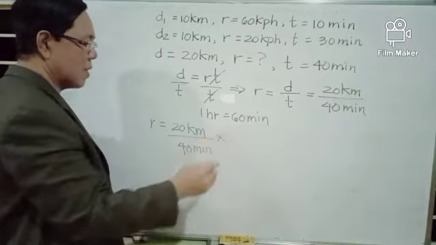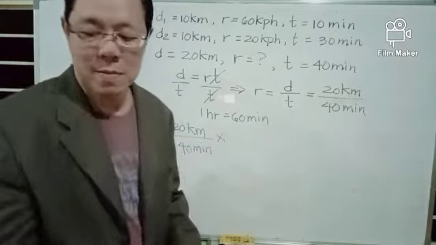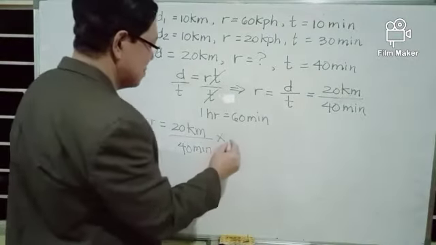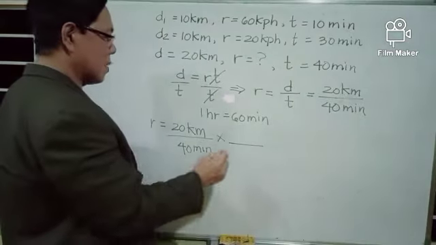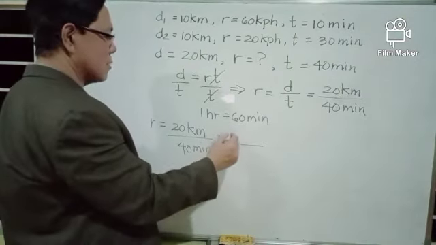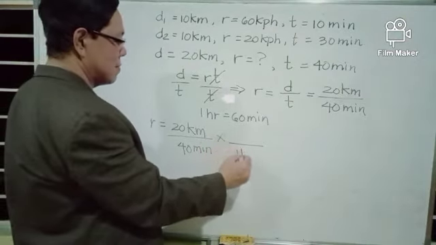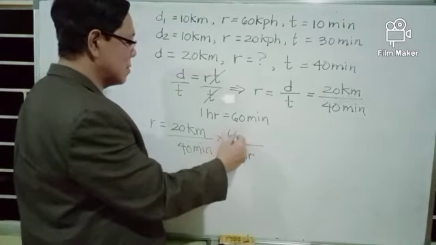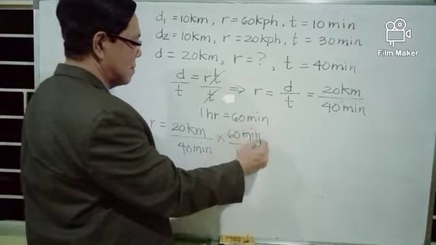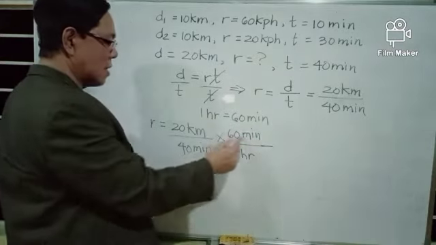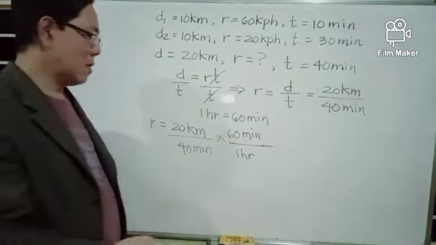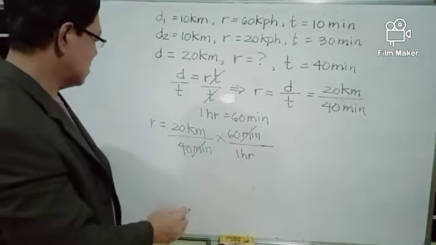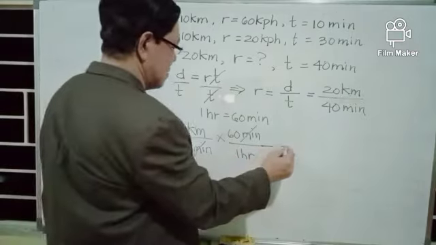We multiply this by a conversion factor, a fraction whose denominator is 1 hour, and we write 60 minutes in the numerator so that minute and minute will cancel out. And we simplify.